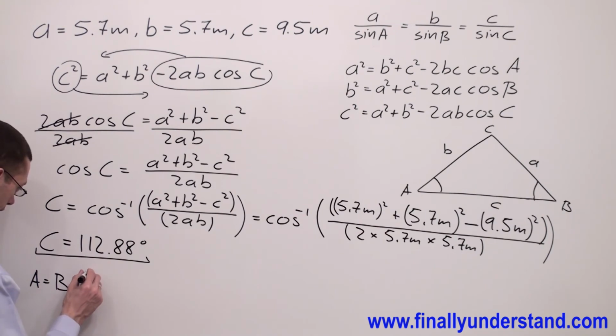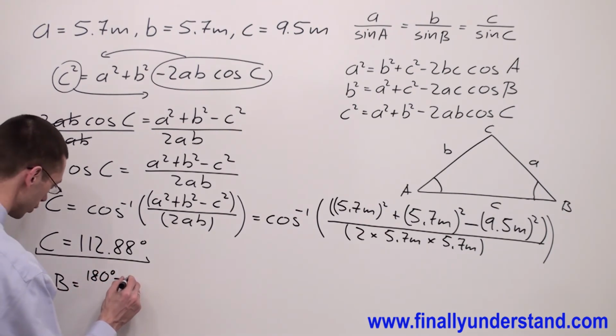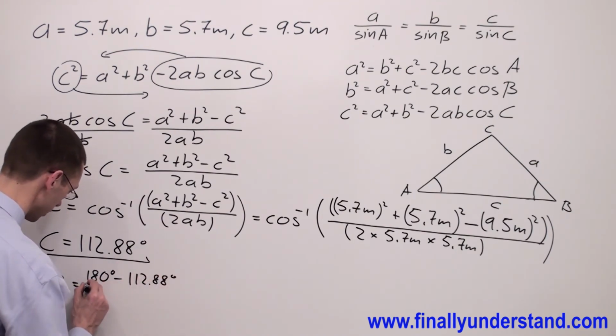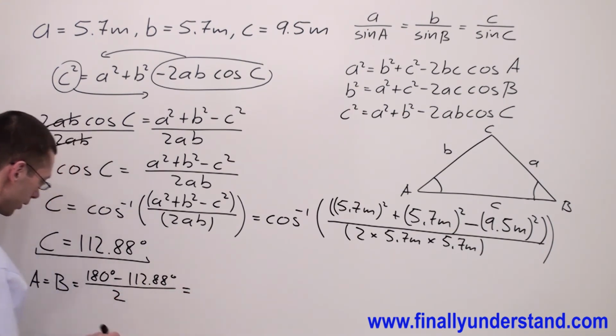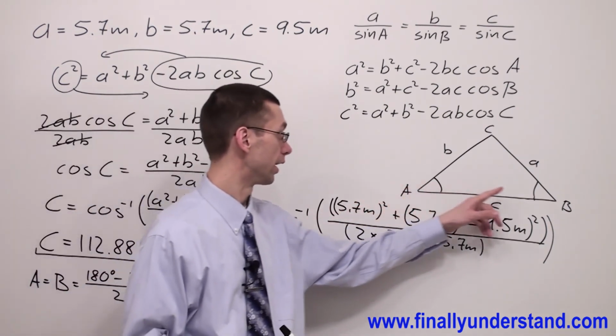Angle A equals angle B equals 180 degrees minus 112.88 degrees, divided by 2. One more time, I'm using this calculation because these two angles are the same.